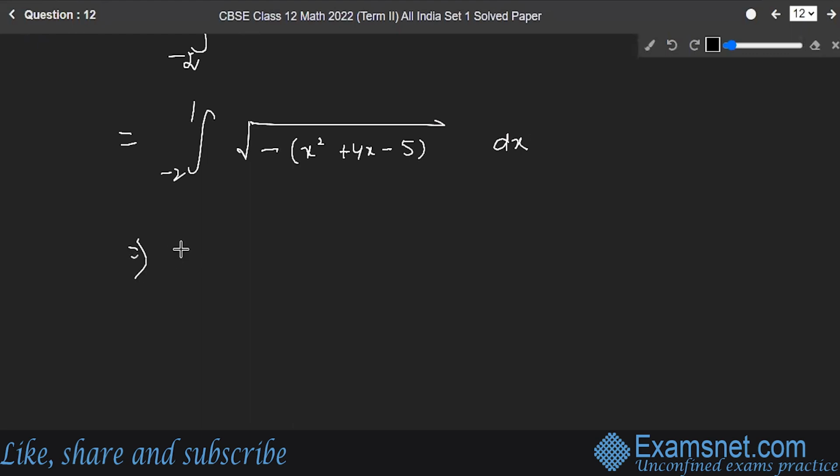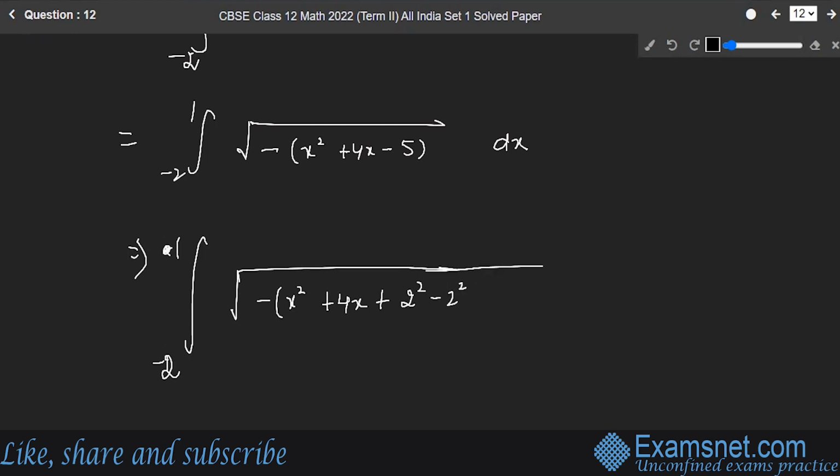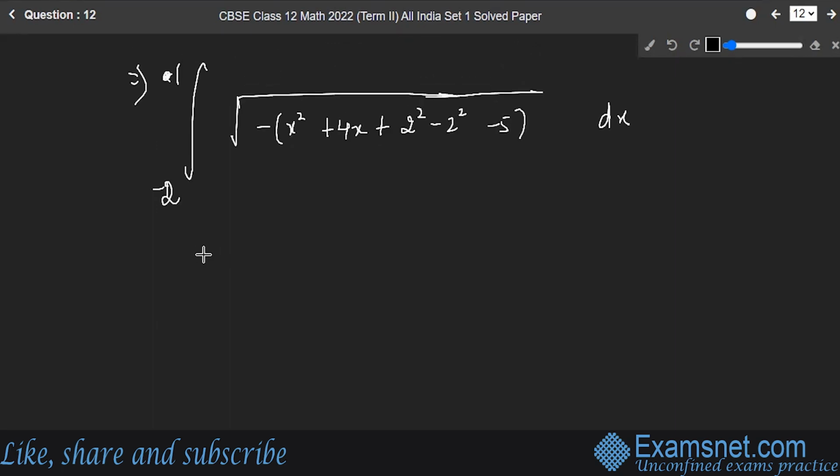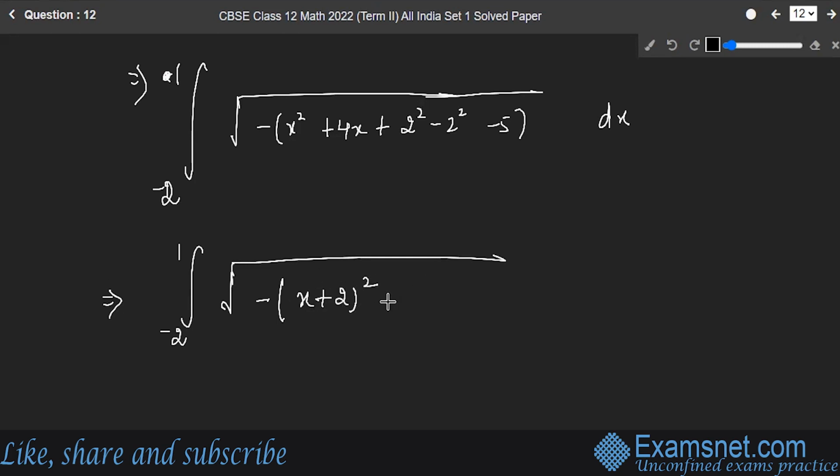So let's make it a perfect square. -2 to 1 integration, and here I'll have x square plus 4x plus 4 minus 4. So I can write that as 2 square, to understand that easily, dx. Okay, I hope you got till here. So this is -2 to 1 integration of x plus 2 whole square minus 4 minus 5 will give me -9 into dx.